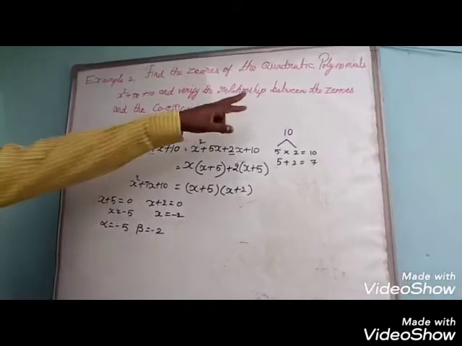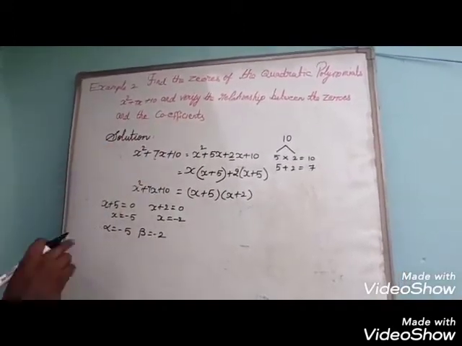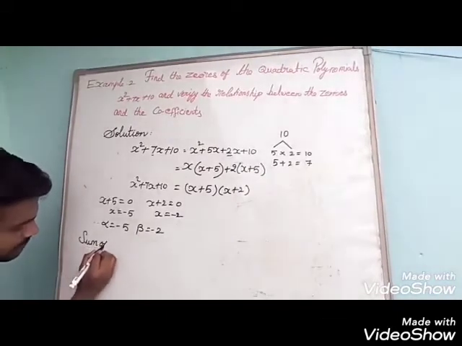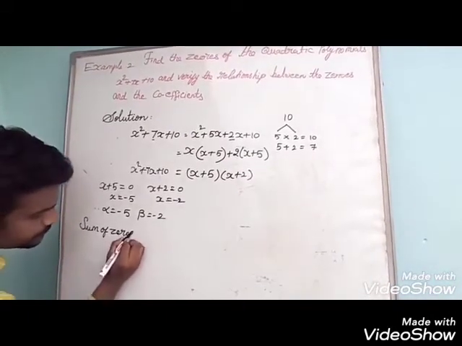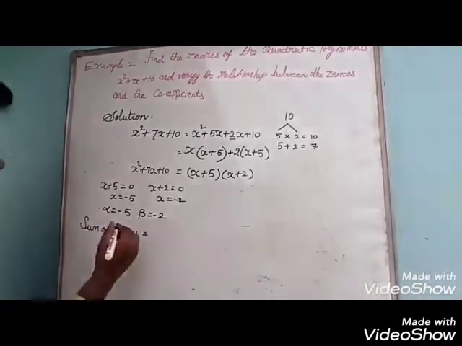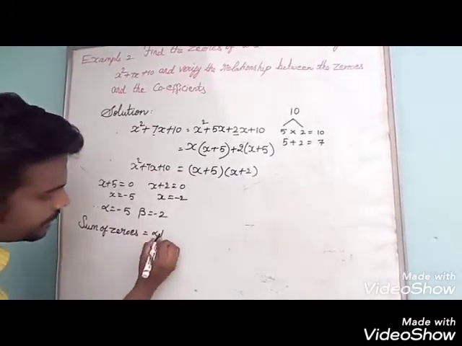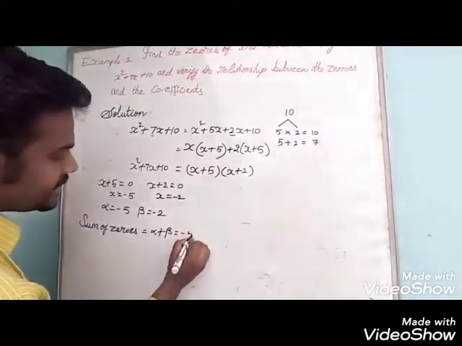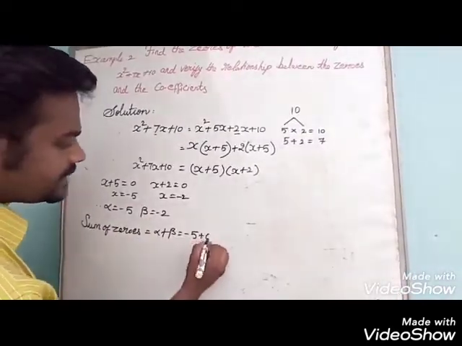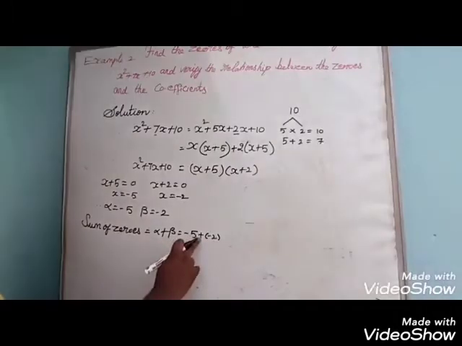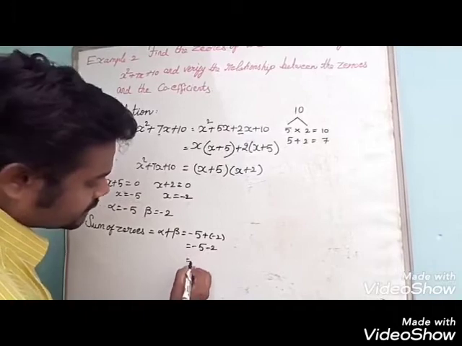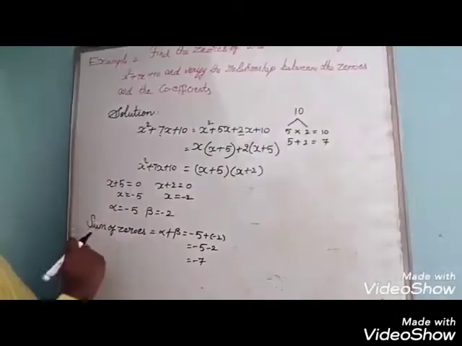Now we have to verify the zeros and the coefficients. Sum of zeros equals alpha plus beta, which equals minus 5 plus minus 2, so minus 5 minus 2, which equals minus 7.